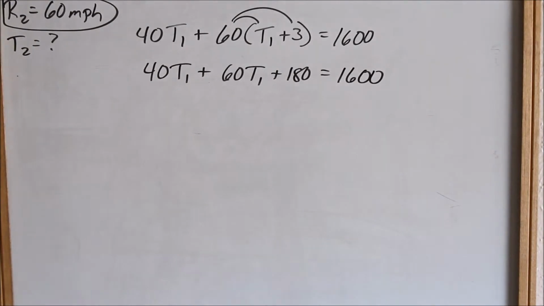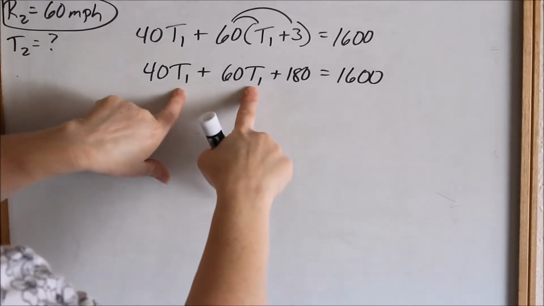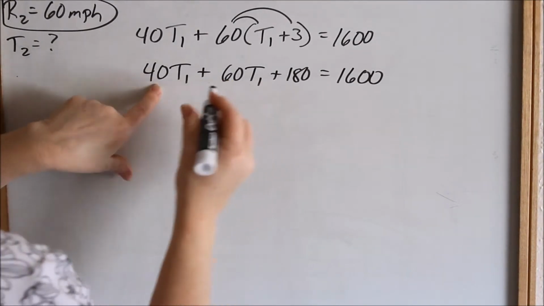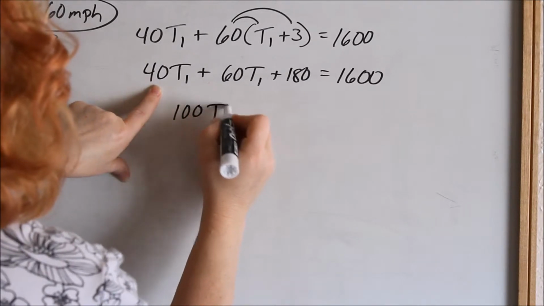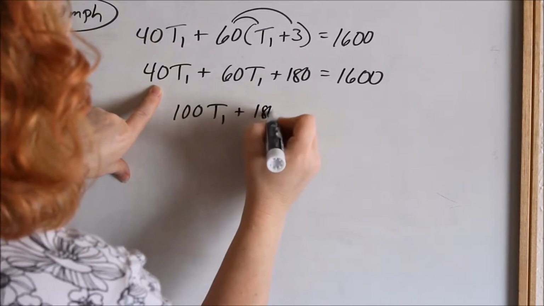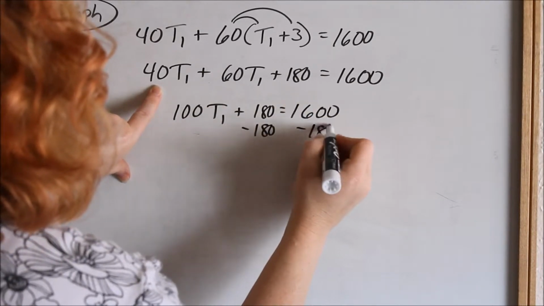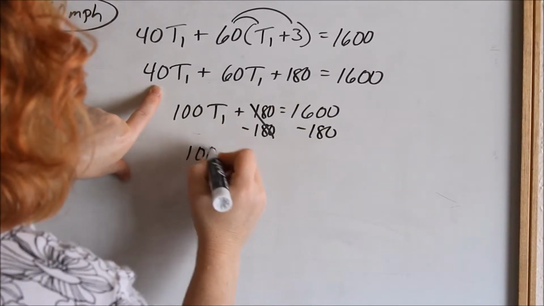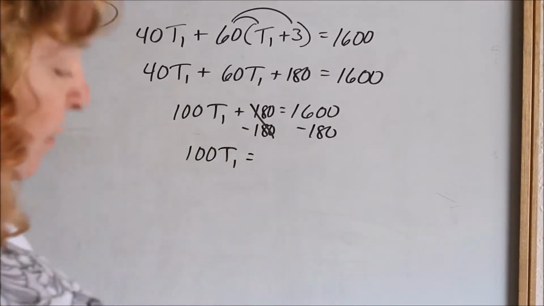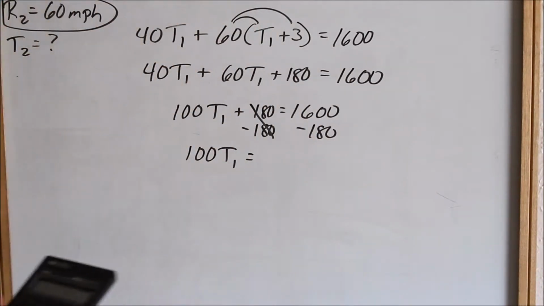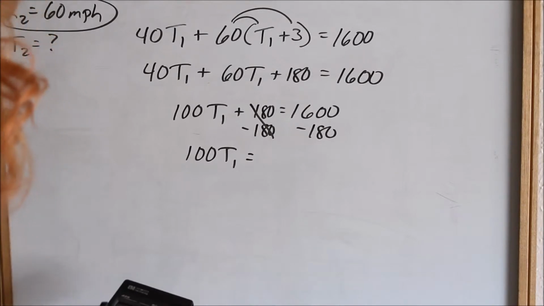I can combine things of the same kind. I can combine my T1s. 40 of these plus 60 of these is 100 of these. Plus the 180. Subtract my 180 from both sides to combine my numbers. I'm going to use my calculator just to make sure I get all my numbers correctly.